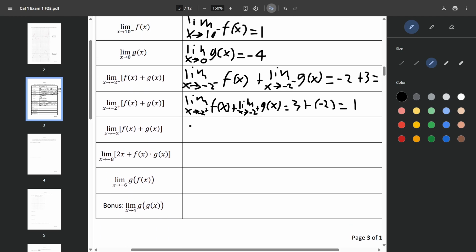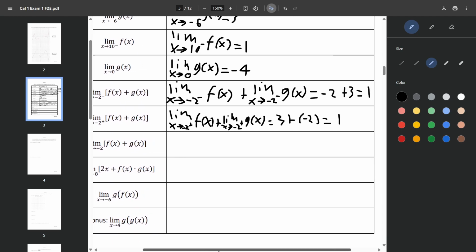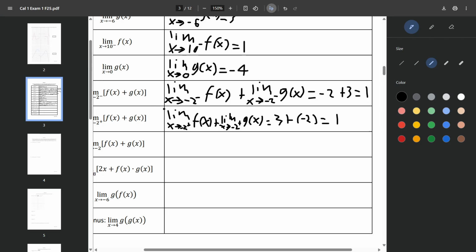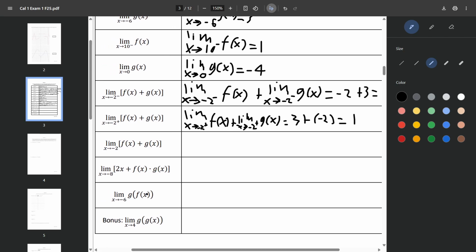However, in this case, we actually do have our answer based on the previous two questions, because our previous questions were the limit of x approaching -2 from the left and from the right.